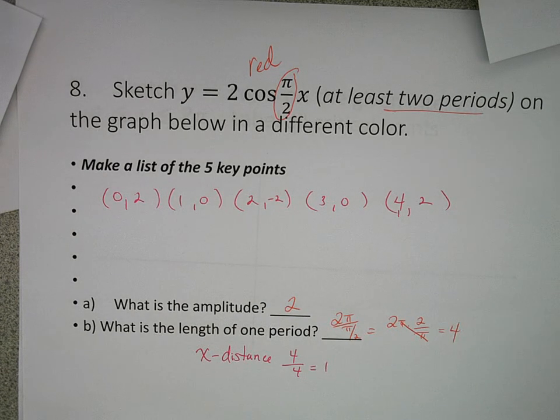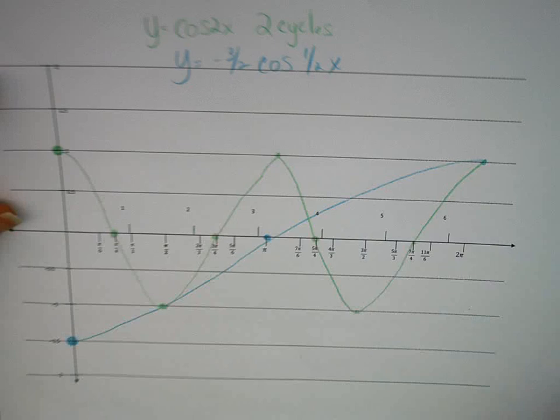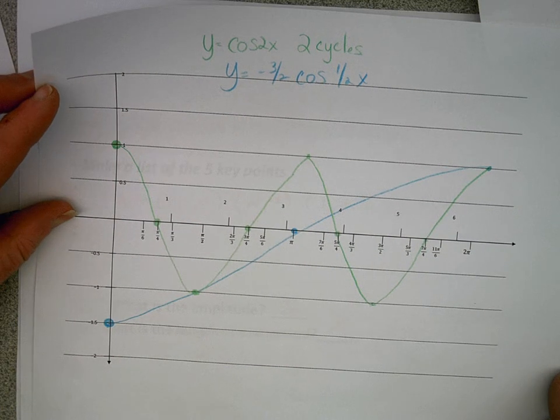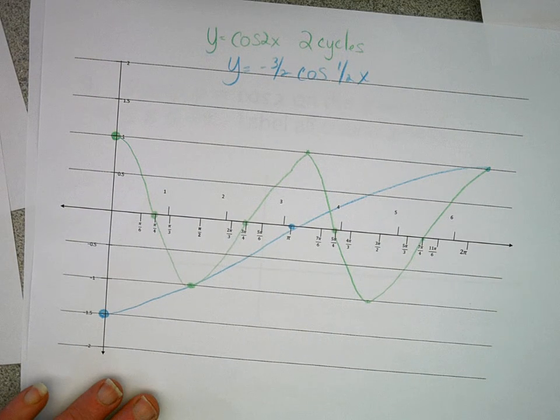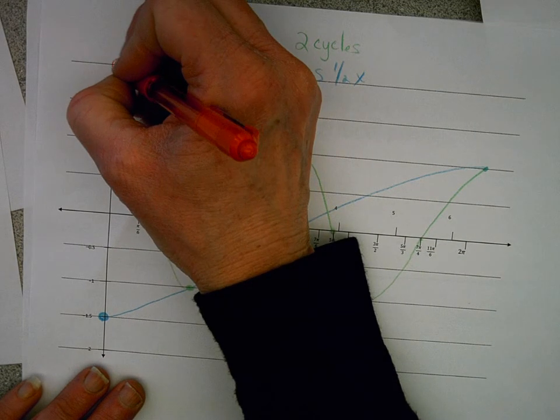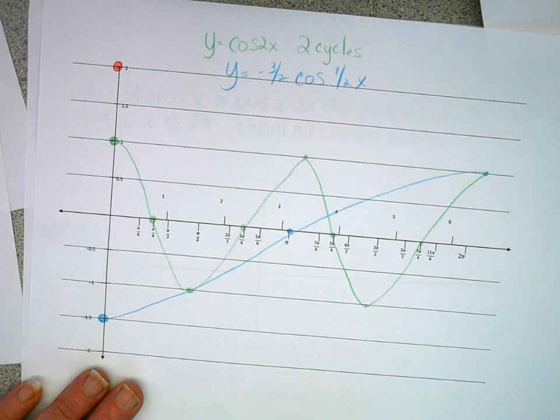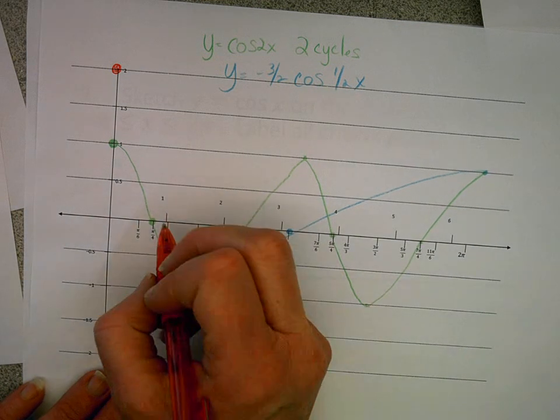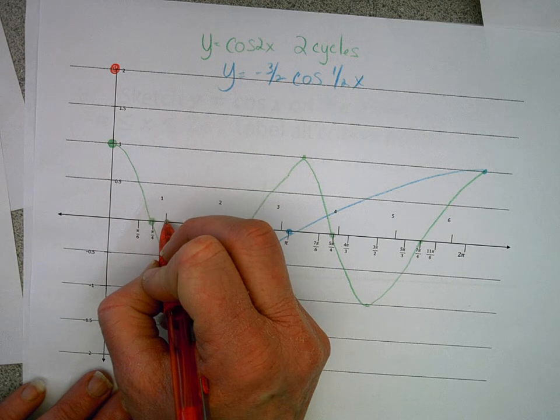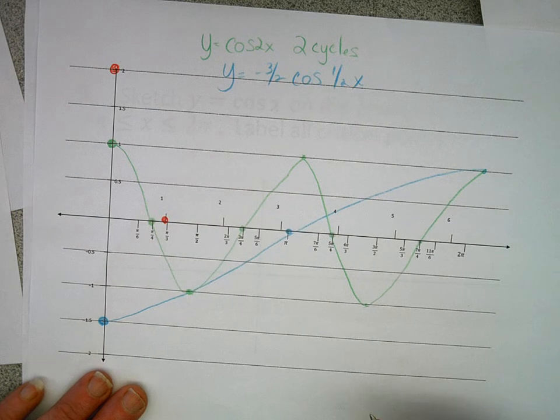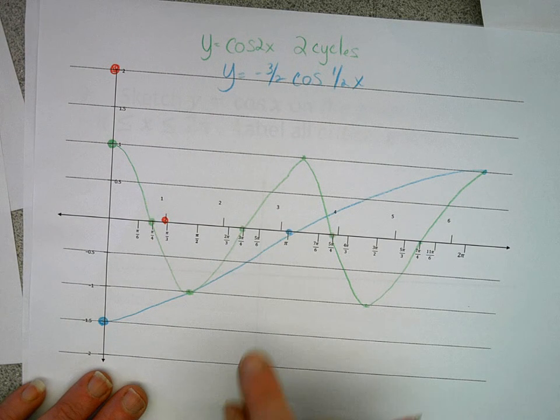So like I said, I'm going to do this one in red. So I'm going to go back to this graph, and I'm going to start at 0, 2. Way up there. And then 1, not pi, just this 1 is at 0. And if you guys were doing a graph like this, you would just label 1, 2, 3, 4.